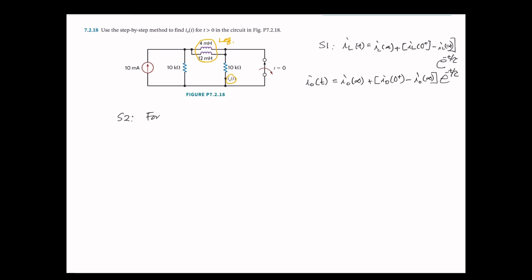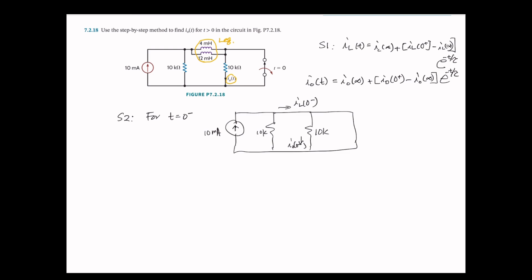Step number 2, for t equals 0 minus, this is right before t equals 0. So the switch is still closed, and then we're going to combine these inductors together as one. Then the circuit looks like this.